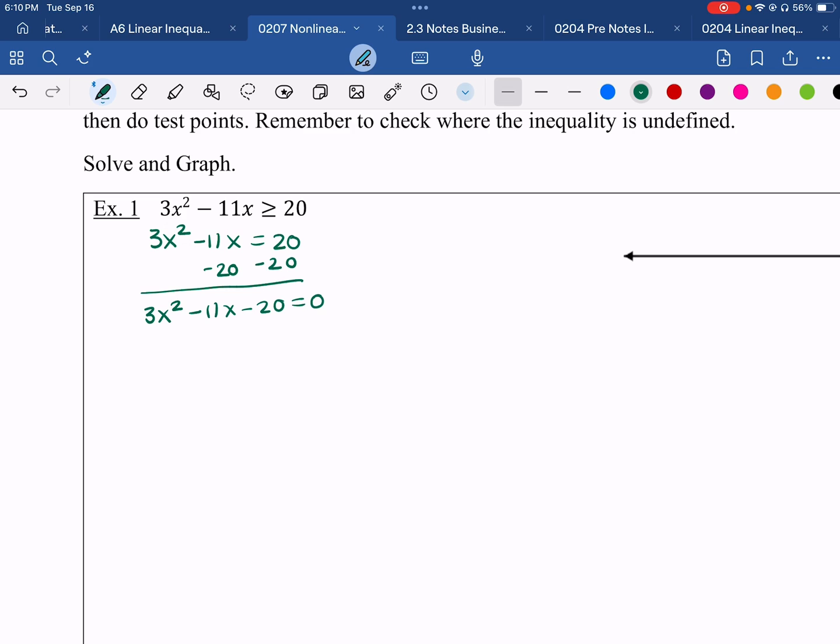We're going to see if that factors, so we're going to do grouping. You do 3 times negative 20, which is negative 60. So I need two numbers that multiply to give you negative 60. Those same two numbers are going to subtract, meaning one is positive and one is negative, to give you negative 11.